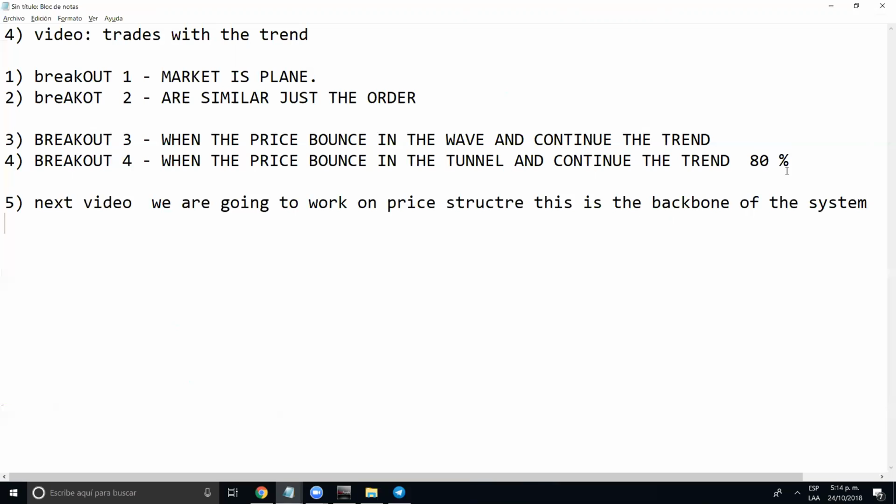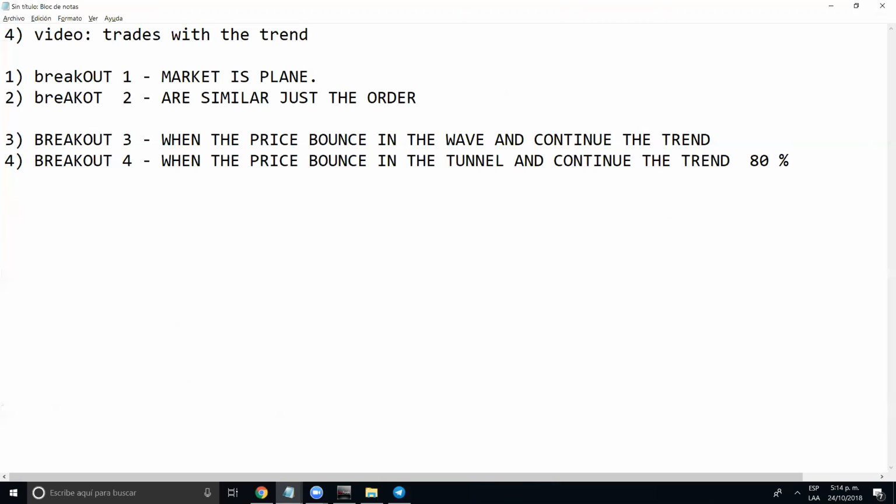If we understand the first four videos and go to the next video, the backbone structure for the system is going to be very, very easy. And the sixth video explains examples and how to trade it.